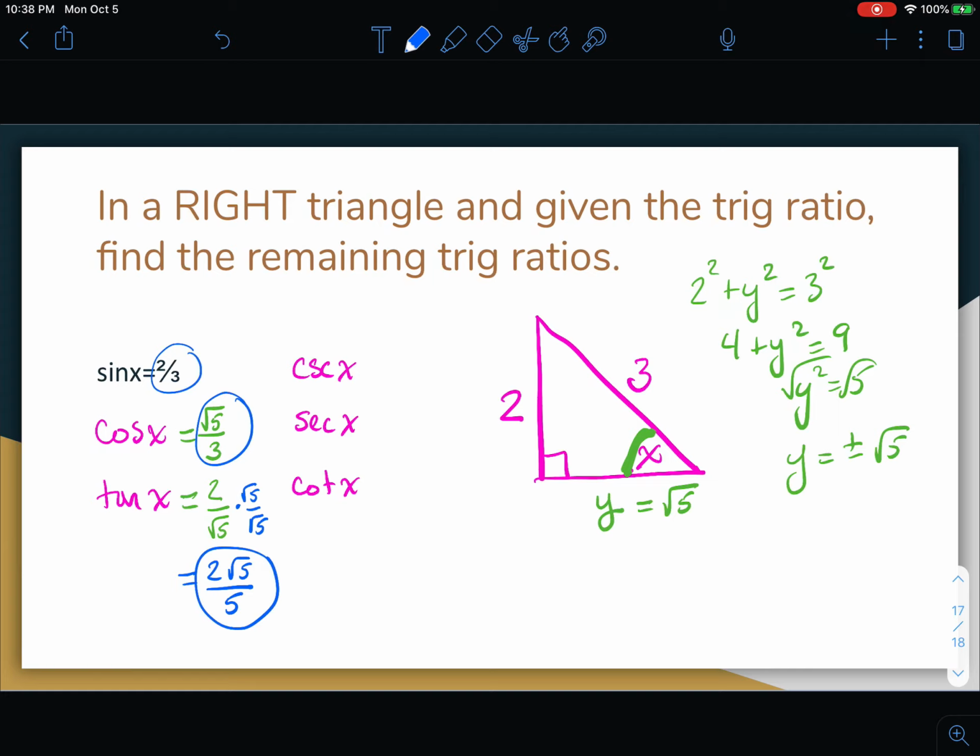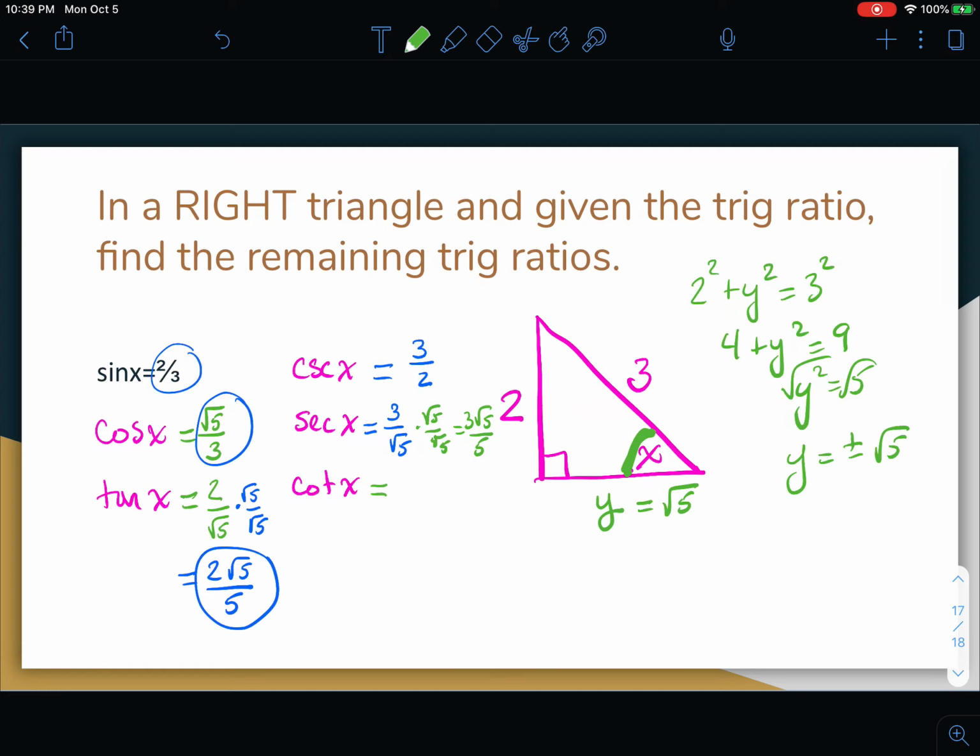Now, cosecant of the angle is the reciprocal of sine, so this is just 3/2. Secant is the reciprocal of cosine of x, so this is 3 over radical 5. Oh, now we have to do a little more work again. Radical 5 over radical 5, which equals, sorry, I'm kind of squished here, 3 radical 5 over 5.